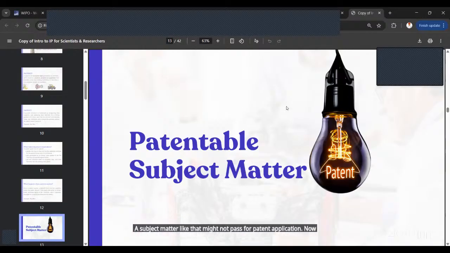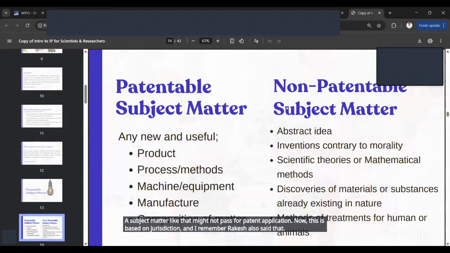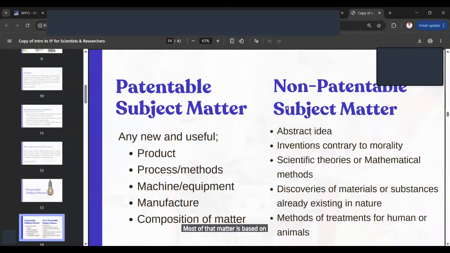Now, this is based on jurisdiction, and I remember Rakesh also said that patentable subject matter is based on jurisdiction. Say, for example, in Nigeria, we do not patent plants and animals. And that is why you would see that the Nigerian Act for plant variety does not call it plant patent, because we do not patent plants and animals, right?